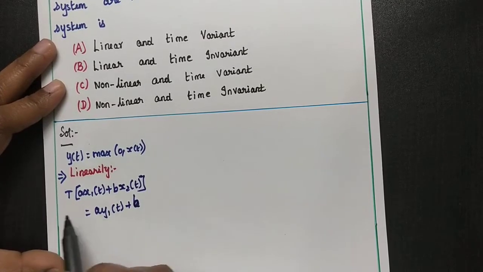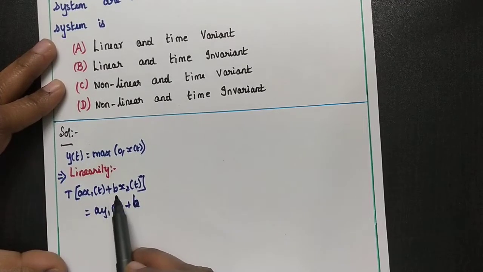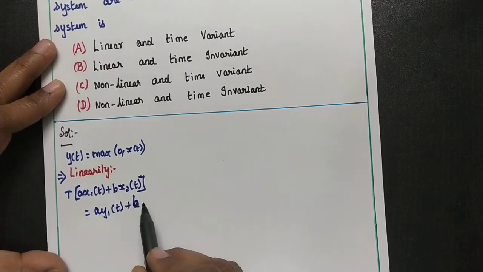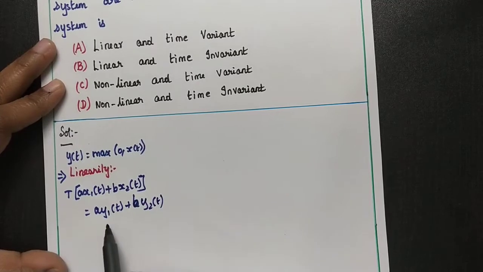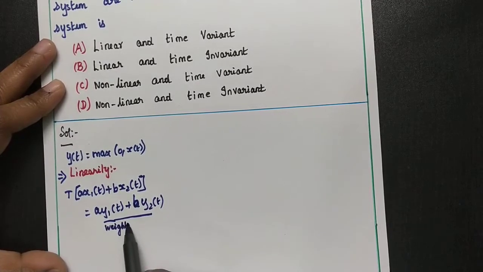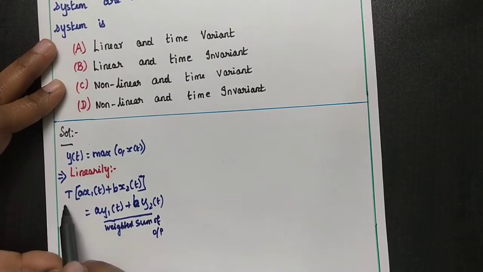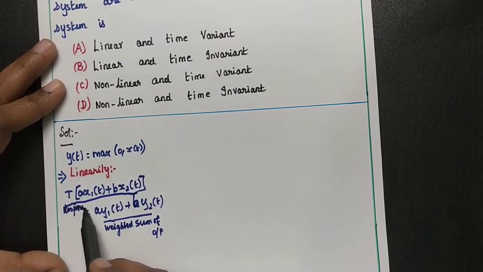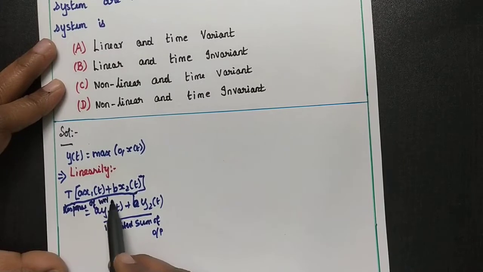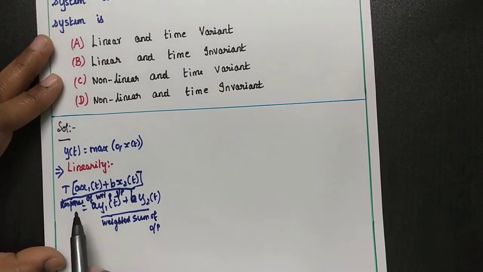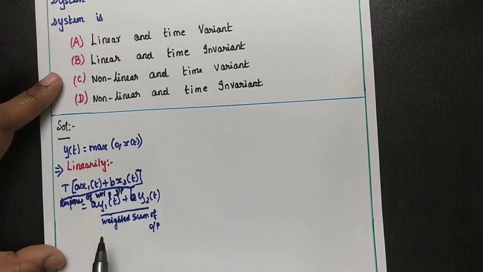That is, transform of a x1 of t plus b x2 of t equals a y1 of t plus b y2 of t. So this is the weighted sum of output signals, and this is the response of the weighted sum of input signals. The system has to satisfy this principle.